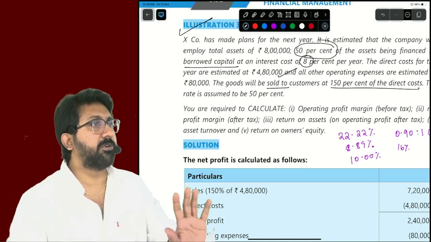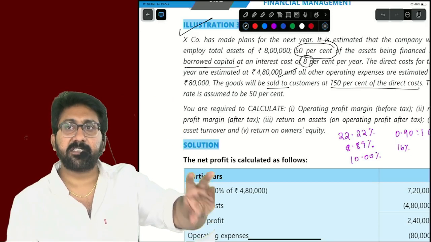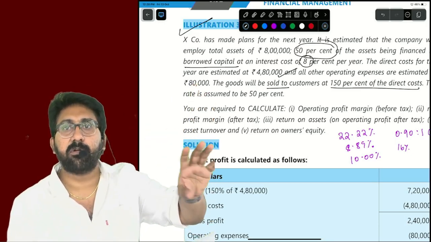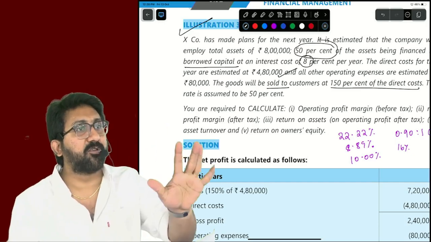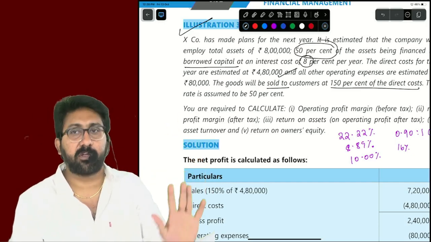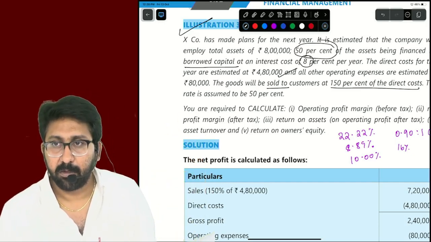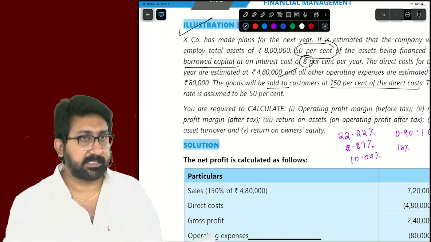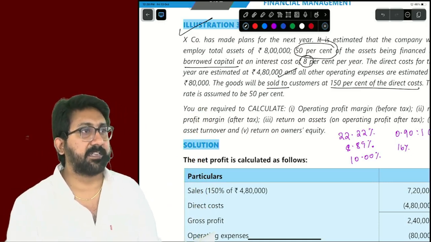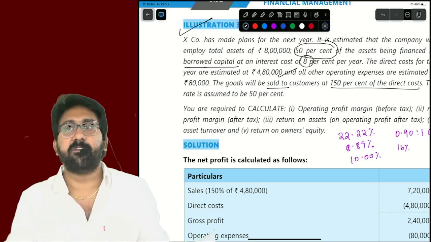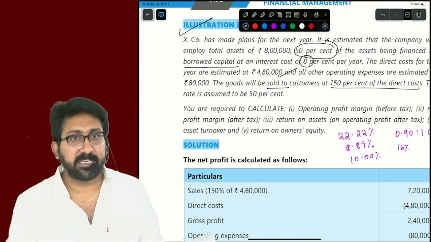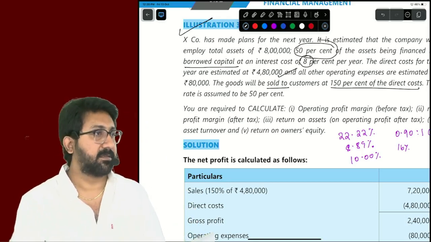But we are not going to stop like this. 6 illustrations, 12 main illustrations, total around 18 to 20 problems we will do in this chapter. If you do those 18 to 20, any question in the exam you will solve. We will do every problem in the class. Not even a single problem will be given as homework. You can ask your previous batch students as well. If 100 questions are there, 100 we will do in the class.